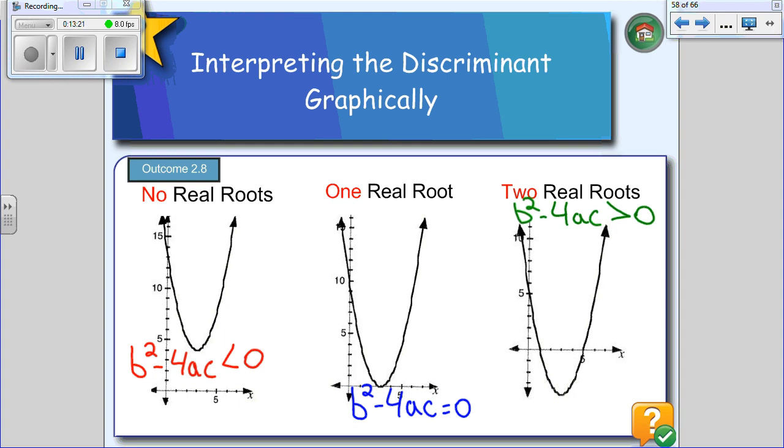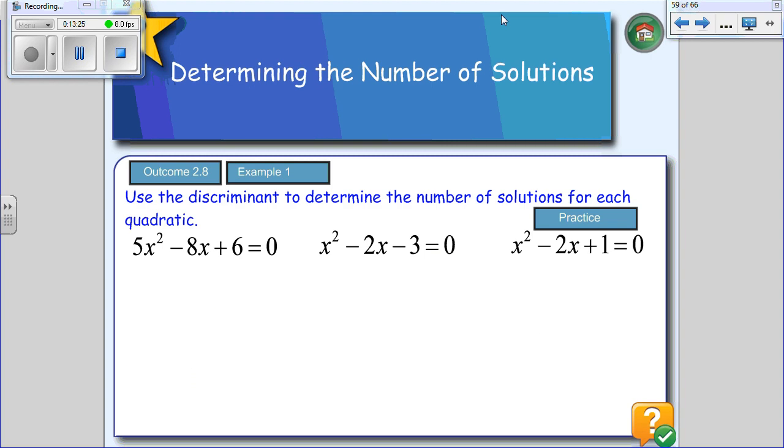Alright, using the discriminant. So we're going to use the discriminant to figure out how many solutions there are in these three. We'll do the first one together, the next two will be on your own. The first thing is remembering the discriminant formula. It's b squared minus 4ac. The values of b, a, and c, they come from something called general form.